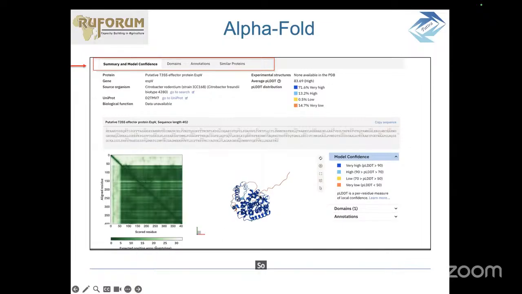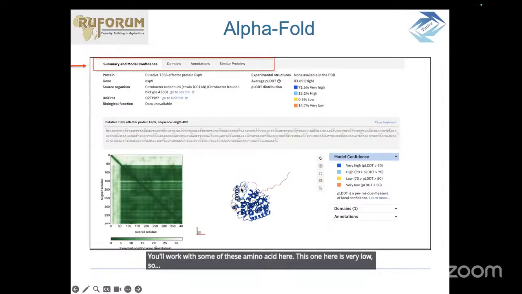So if you now want to do some mutational study for your protein, you'll work with some of these amino acids that are here. This one here is very low, so it's not advisable to work with it because the prediction is very low. So this is to guide you.